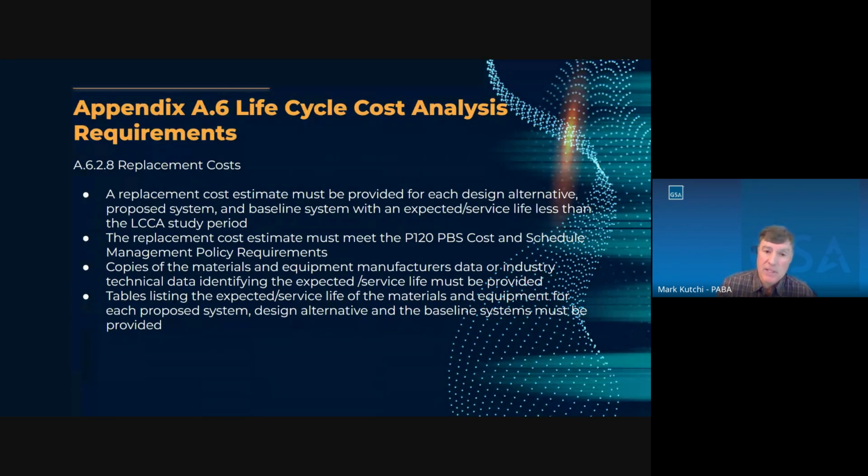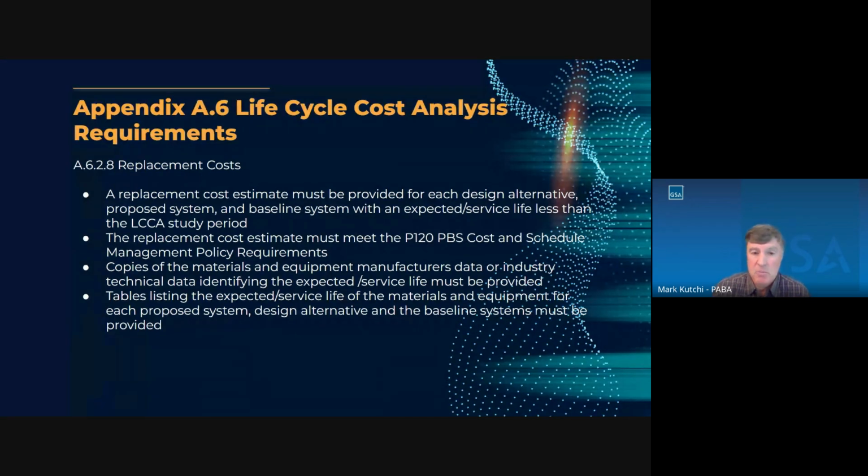The replacement cost estimate must meet the P100, P120 requirements. Copies of the materials and equipment manufacturer's data indicating the expected life must be provided, and tables indicating the expected life of the equipment and materials should be included in the analysis.